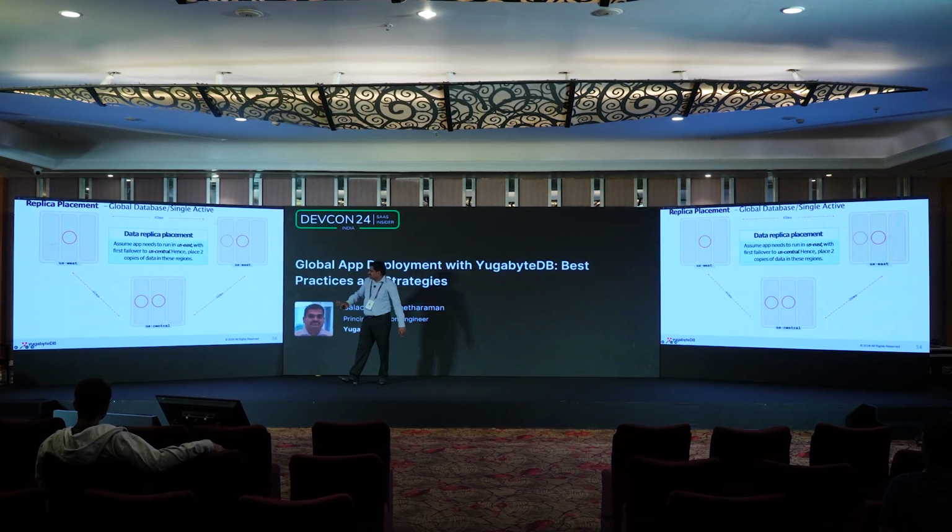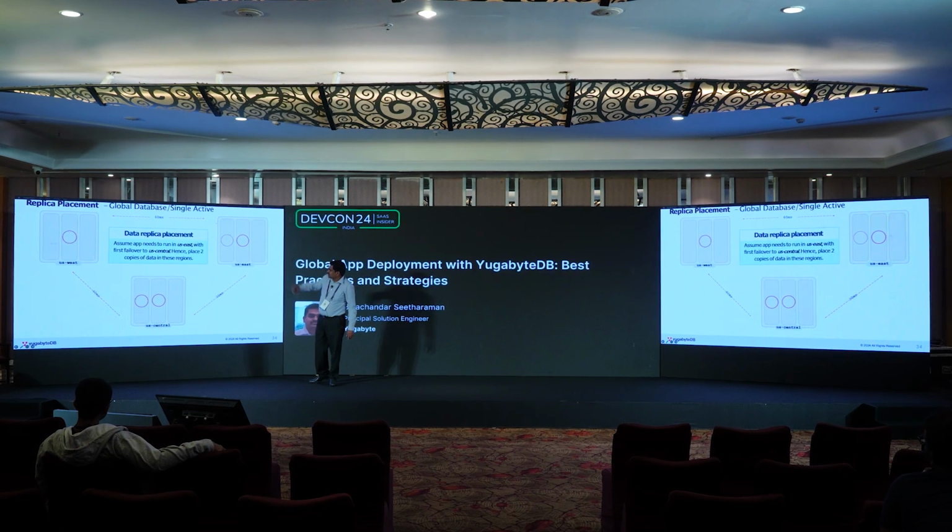You are pinning the leader here, and the replica is farther away, so you have to place two copies closer to these regions. Knowing that US East to US West is 60 milliseconds, I don't want my quorum to be formed there, or to heavily load my West cluster. I can keep these two closer nodes to heavily do the read and write.